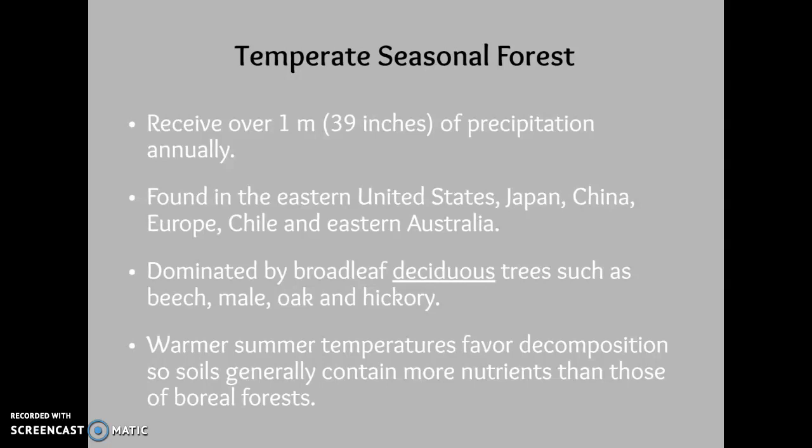These areas do get a lot of rain, and they can be found all over the world, in moderate latitudes, and you do get quite a difference in temperature between the cold seasons and the warmer seasons. Because of that warmer time of year, it allows more stuff to break down and decompose into higher quality soil.